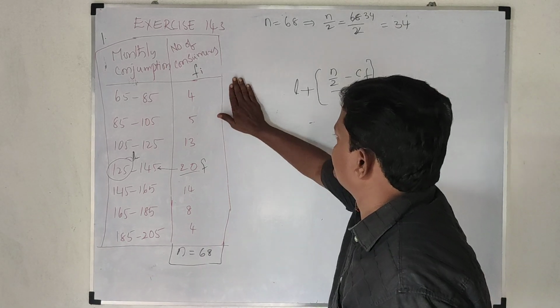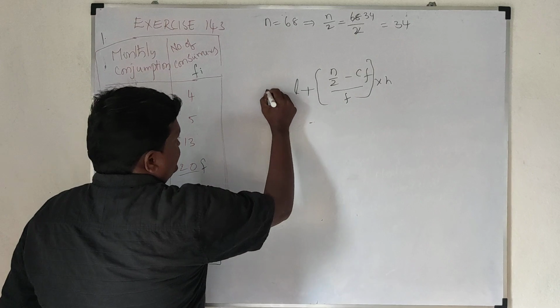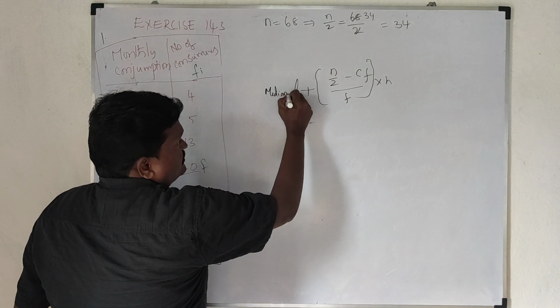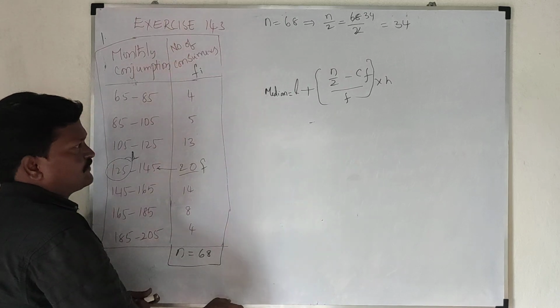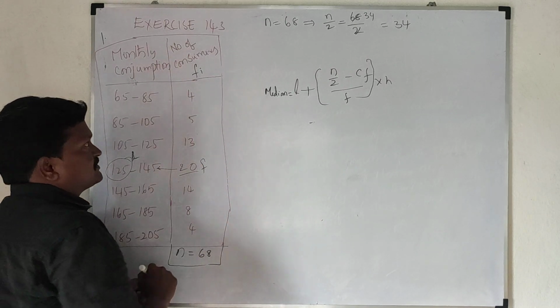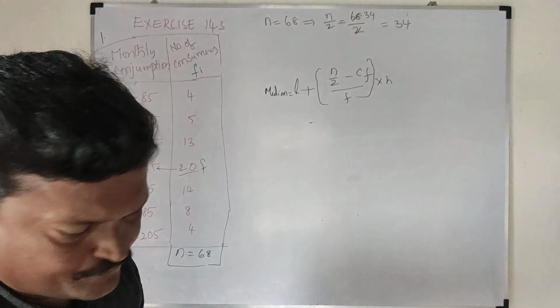CF means cumulative frequencies. So we have to prepare the cumulative frequencies for the given frequencies. How can we make these cumulative frequencies?